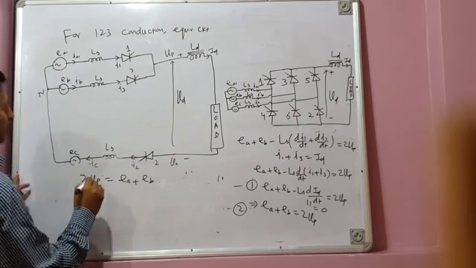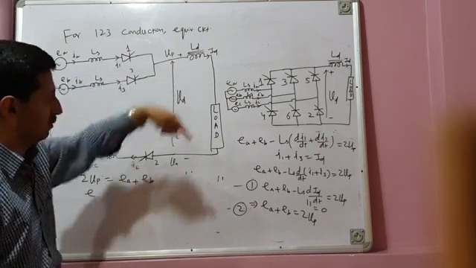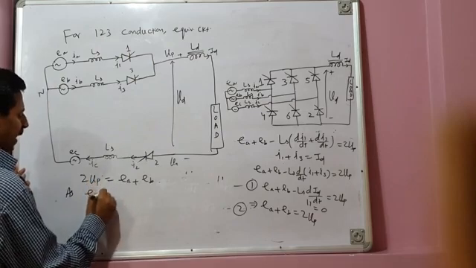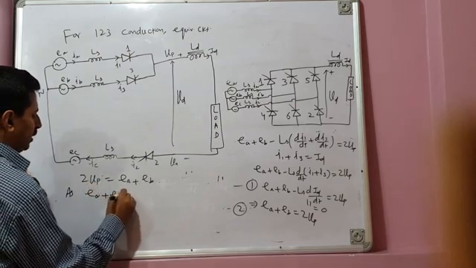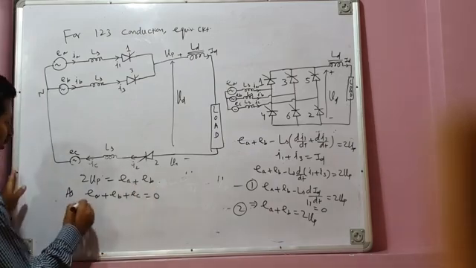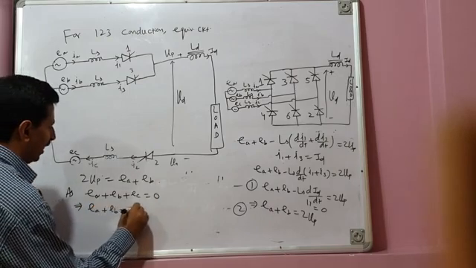The assumption is that our system is a balanced three-phase system. So EA plus EB plus EC is equal to 0; the sum of the three phase voltages is equal to 0. This gives me EA plus EB equal to minus EC.